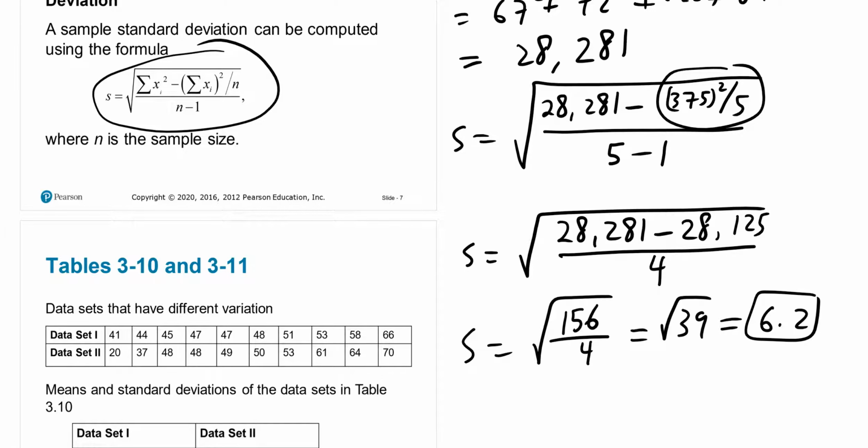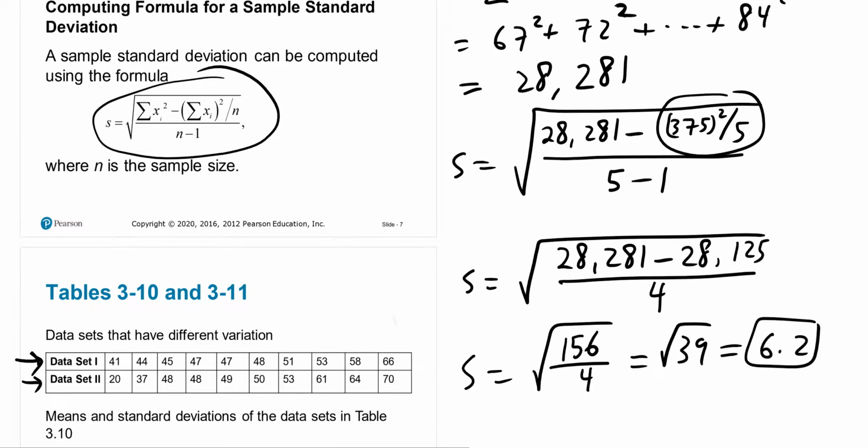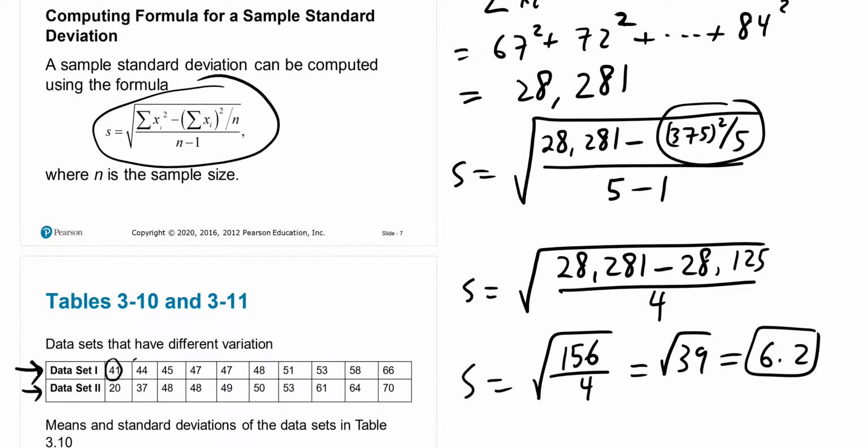What else do we need to know about standard deviations? Let's look at this table, which has two different data sets, data 1 and data 2. Look at the numbers. In the first one you see 41, 44, all the way to 66. In the other one, you get 20, 37, and then all the way to 70. What's the difference between these two?